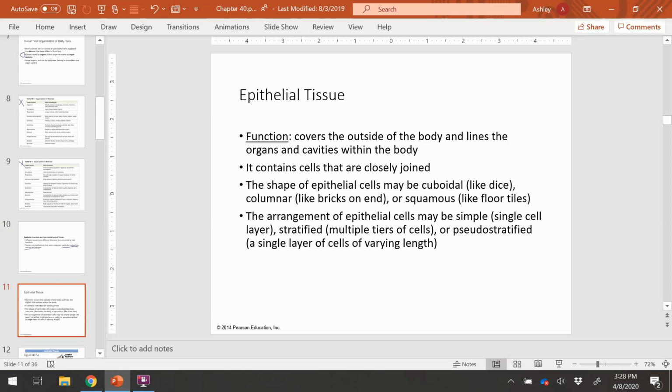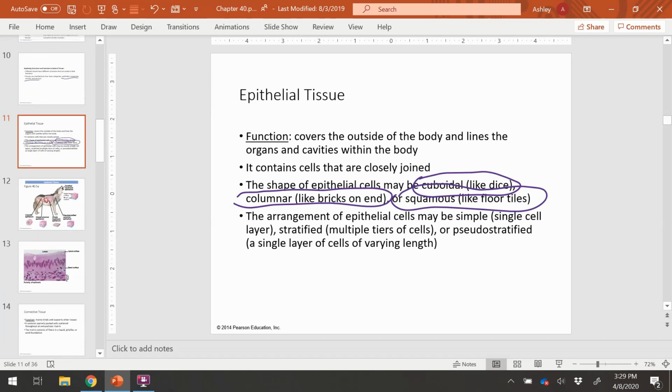So the first type is a cube or dice shape. That's cuboidal. Then you have columnar, which is like a rectangular shape, and then squamous, which is flat, like floor tiles. So those are the 3 types that we'll see in the image below.